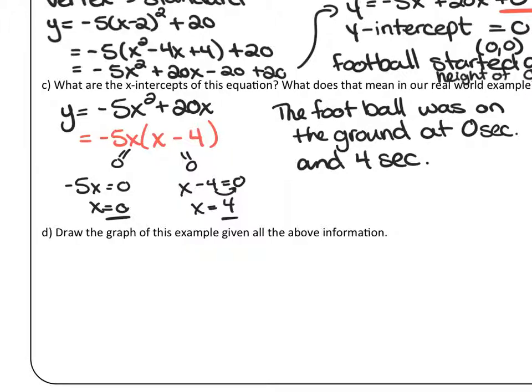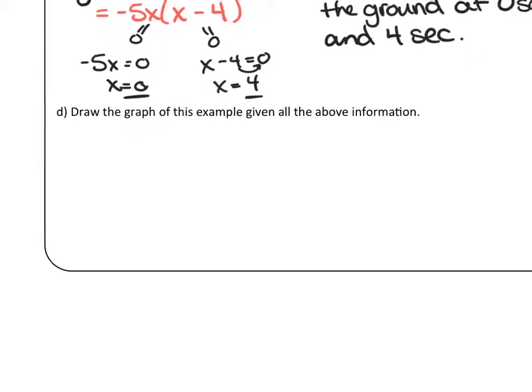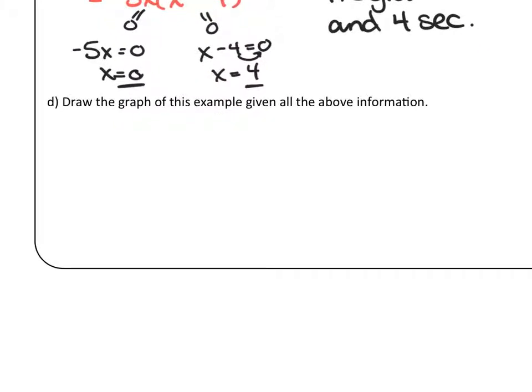Based on the information above, we can easily draw an example of this. So imagine that I'm drawing an example. We have a couple of points to choose from here. These are going to be our seconds, and this will be our height, or h.